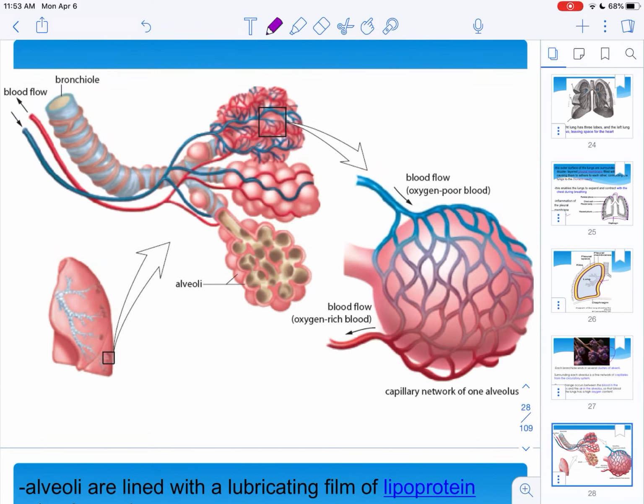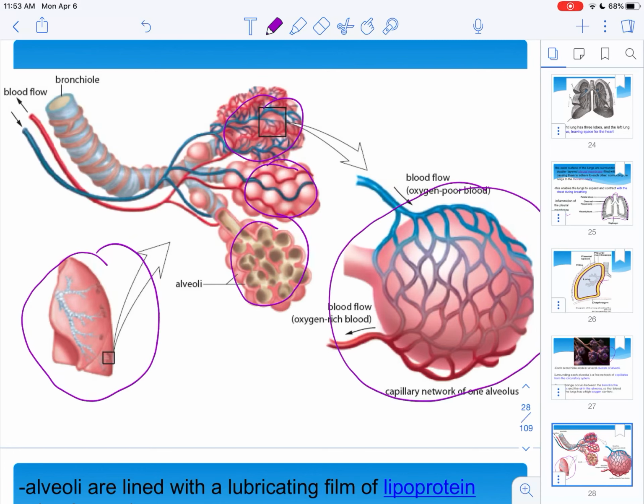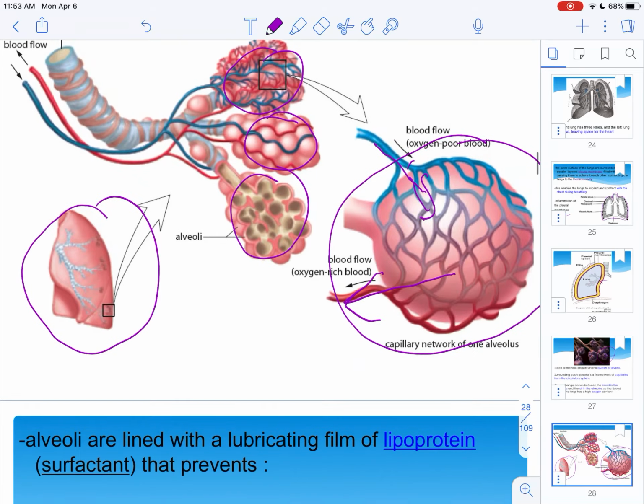This picture is zooming in on how the lung has these alveoli bunches at the end of the bronchioles, and if you look even closer, you can see that the blood full of carbon dioxide is coming towards the alveoli, and the blood full of oxygen is traveling away to the body.